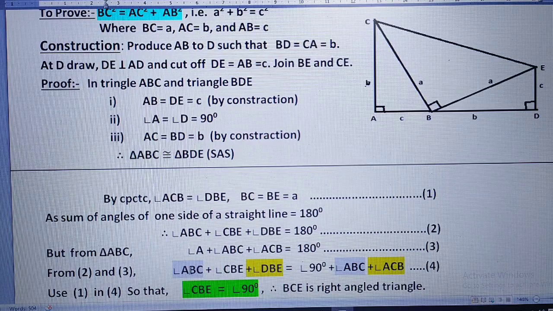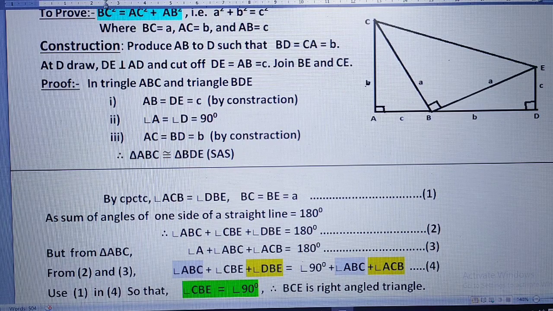Angle ABC is on both sides, so cancel these. By congruence, angle DBE is equal to angle ACB, these two cancel. So finally we get angle CBE is equal to 90 degree.